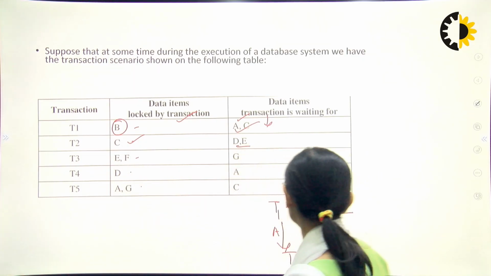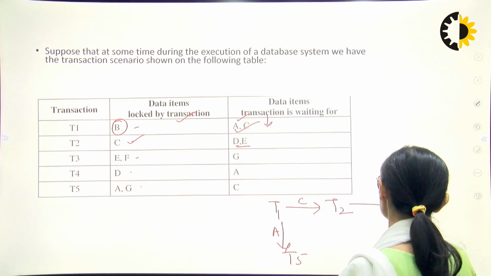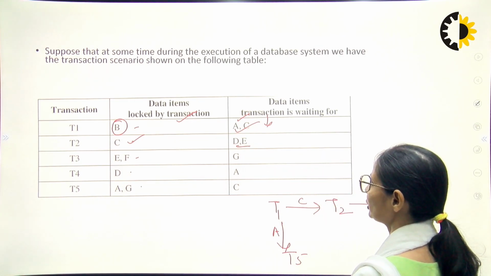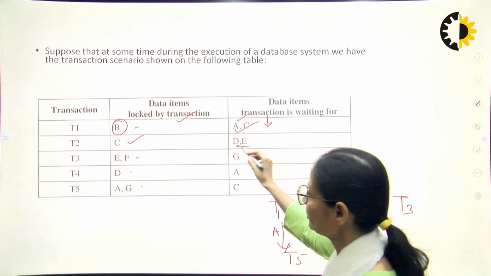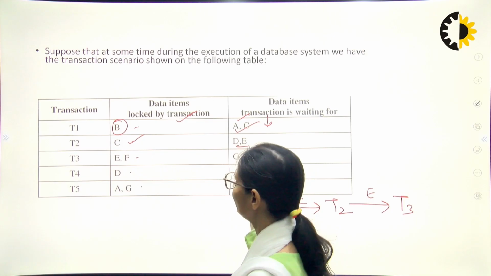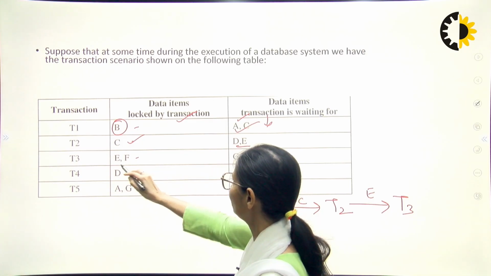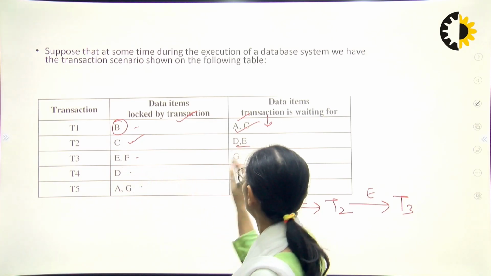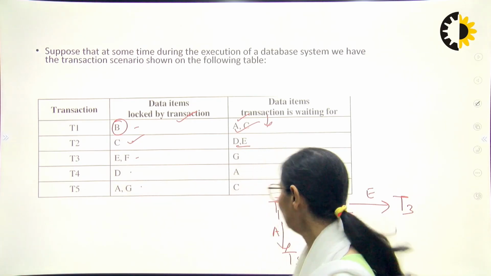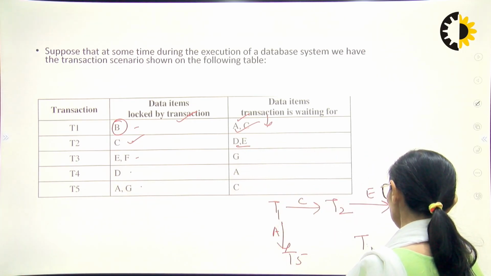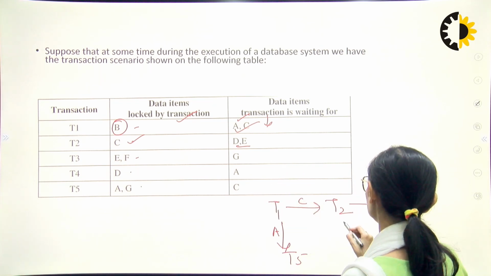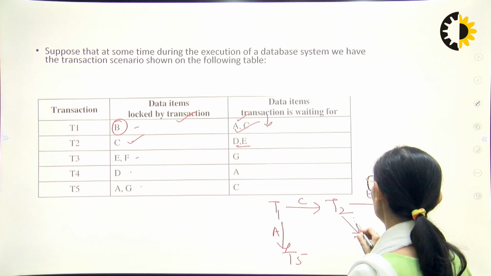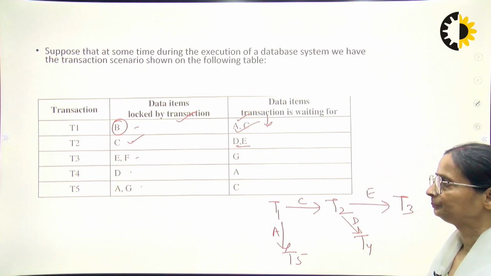E is with T3. So T2 is waiting for T3 on which data item? On data item E. Similarly, E is being held by T3 and D is being held by T4. So T2 is waiting for T4 on data item D.